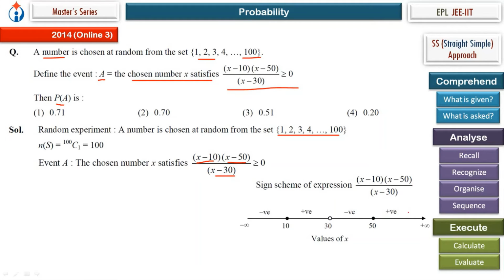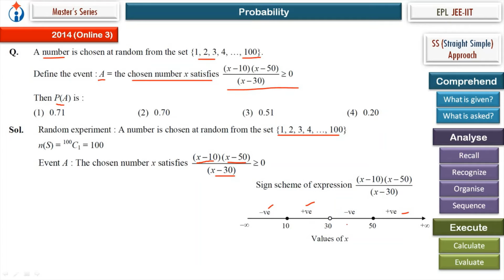So X is greater than 50 in this interval. If X is greater than 50, X minus 10 is positive, X minus 50 is positive, X minus 30 is positive. So three positive numbers multiplied or divided, the answer is definitely positive. So in this interval the sign of this expression is positive, here negative, here positive, here negative, right?